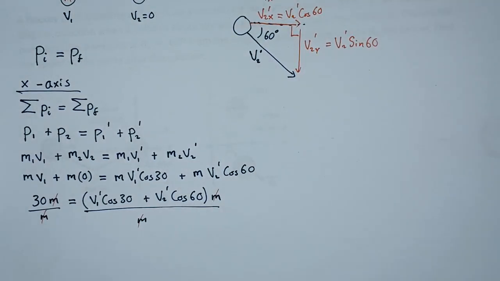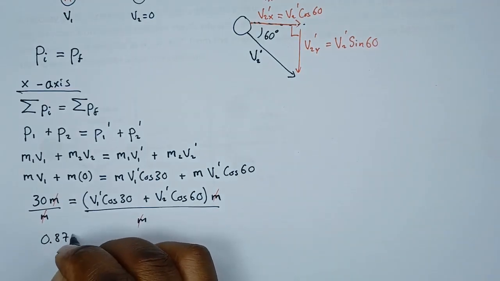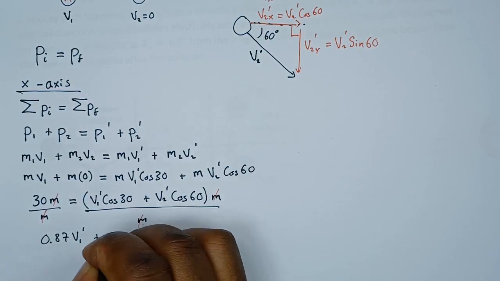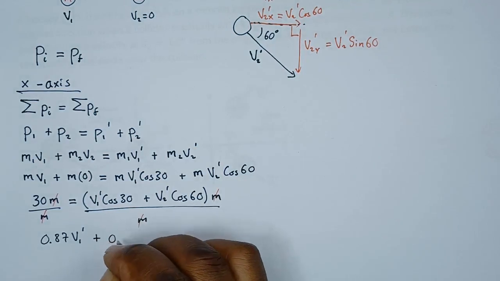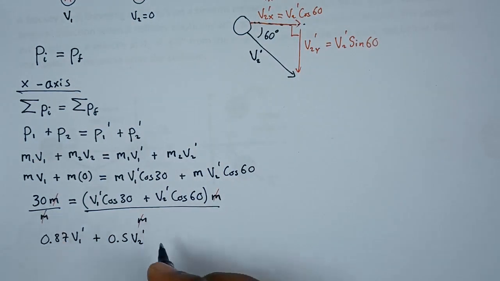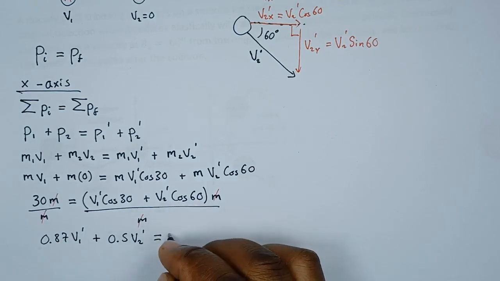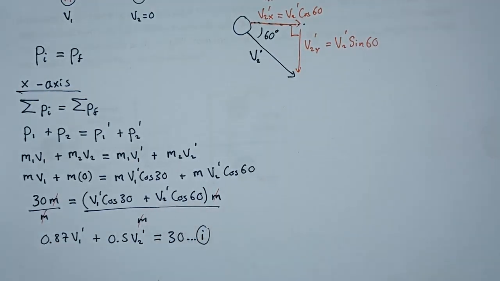So cos 30 is giving us 0.87. So this is 0.87 v1 prime. Plus, let's find this value as well, cos 60, which is just 0.5 v2 prime. Everything is equal to 30. Let's call this equation 1, just for the sake of reference.